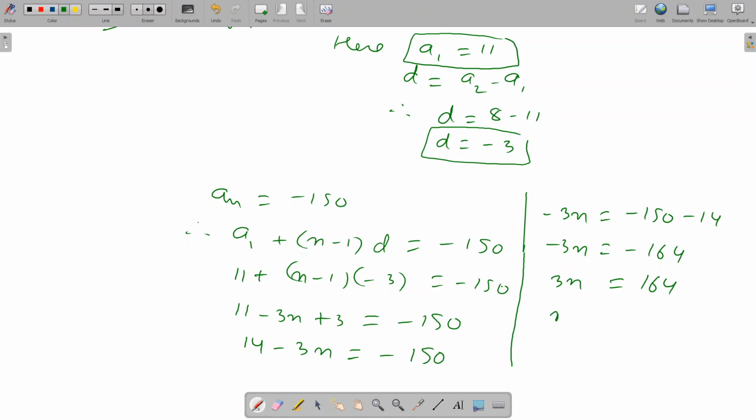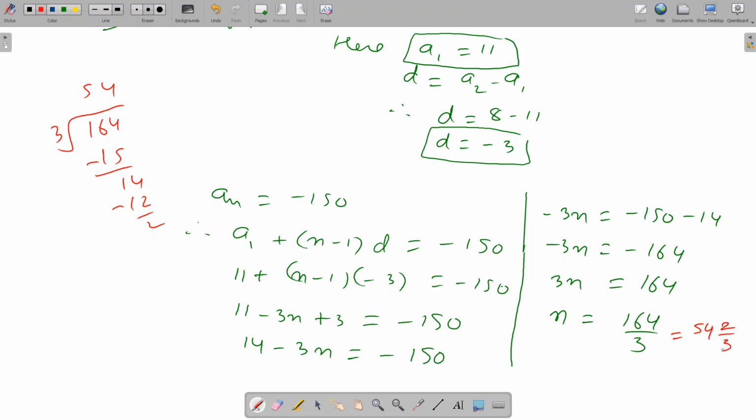So this will give us n equal to 164 by 3. Now let us divide 164 by 3. 5 times 3 is 15. Then 1 and 4 is 14. 4 times 3 is 12, and the remainder is 2. So what we are getting here is 54 and 2 by 3.